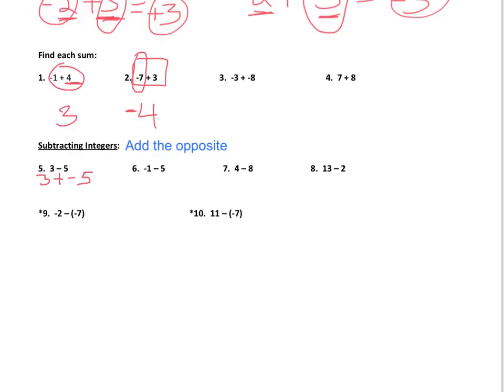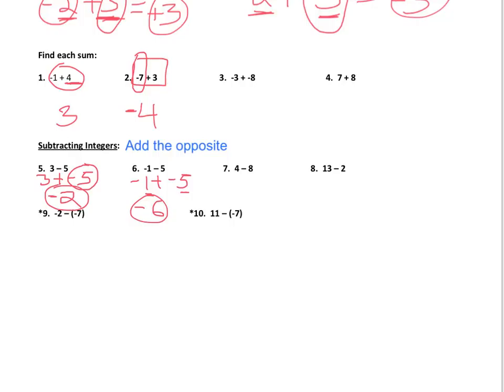The difference of 3 and 5 is 2, but since this negative 5 has a bigger absolute value than the 3, the answer is negative 2. Okay, if you did number 6, negative 1 minus 5, this is like saying negative 1 plus negative 5. And then since you're adding 2 negatives, you're still going to end up with a negative. Then just add the numbers. 1 plus 5 is 6, so your answer is negative 6.